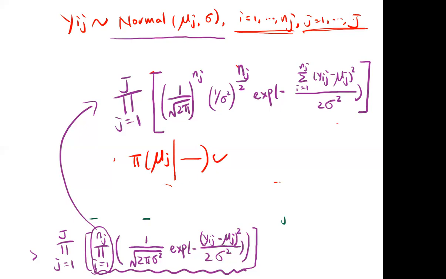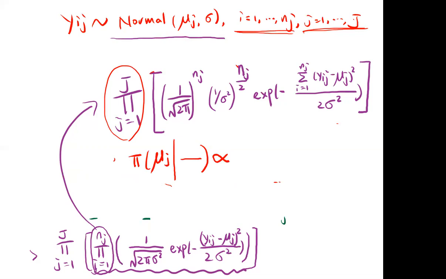We're only going to collect terms about mu j. So that's why for the joint density, for the likelihood, don't even expand this, because it's just going to get more complicated. We don't even need that, because when we work with a particular j, the data from other yij don't matter.